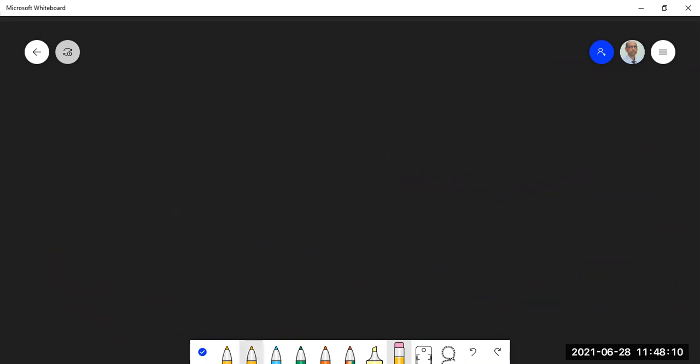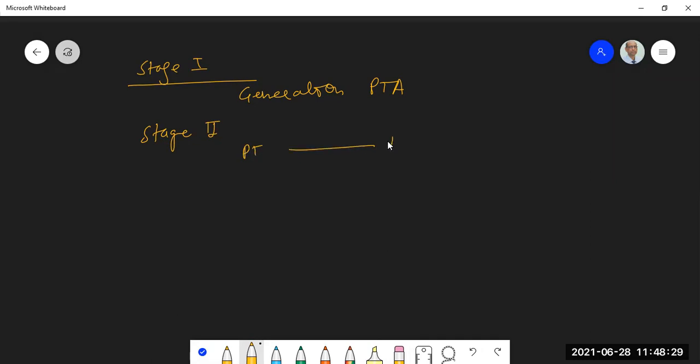So you have stage 1, generation of prothrombin activator. We have seen how this prothrombin activator, PTA, is generated. Stage 2, conversion of prothrombin to thrombin in presence of prothrombin activator.